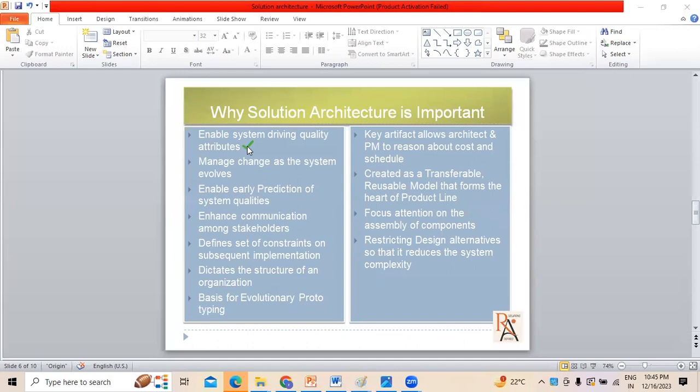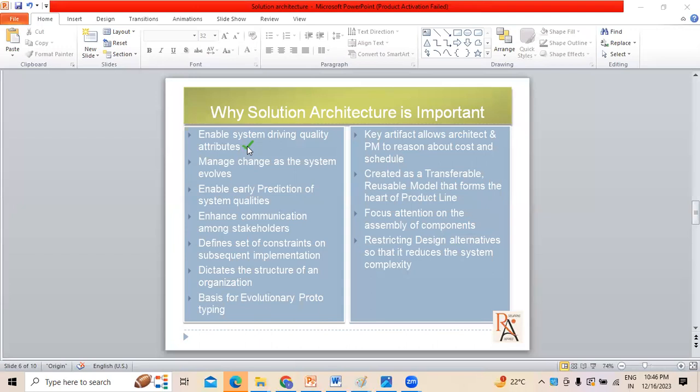Why solution architecture is important is that we want our systems to be enabled in such a way that they are useful, with quality attributes implemented in them.